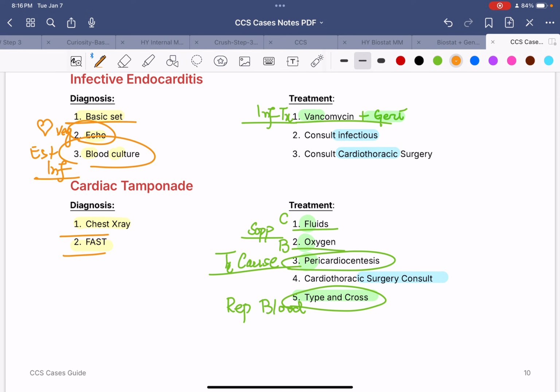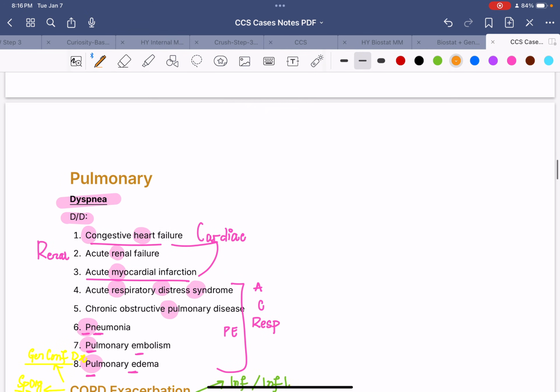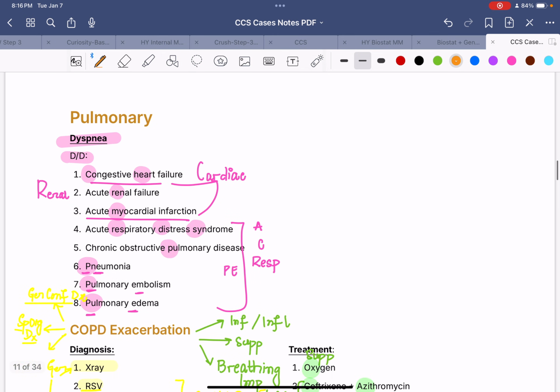And in the treatment, first of all, stabilize the patient with oxygen as well as the IV fluids if he is hypotensive, and then remove the excess fluid with pericardiocentesis. And if he's still hypotensive despite the fluids, arrange for type and cross match and transfuse the blood, and consult cardiothoracic surgery if he needs surgery in order to repair his heart issue.